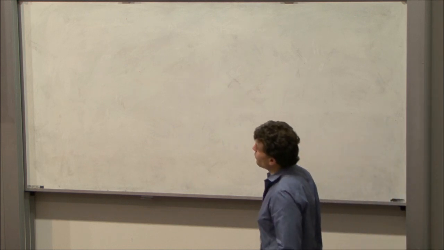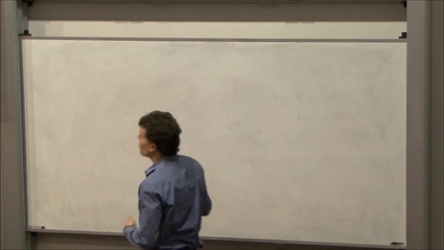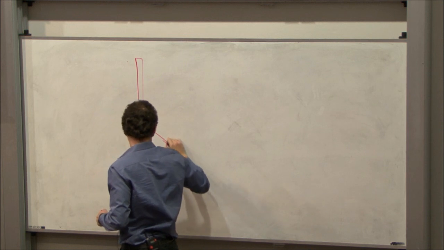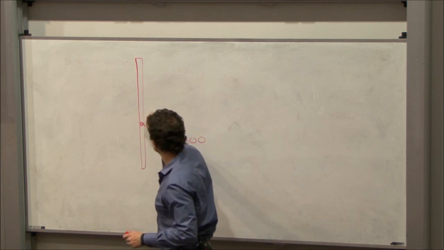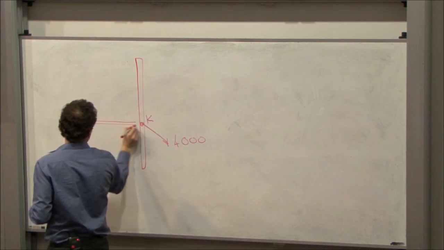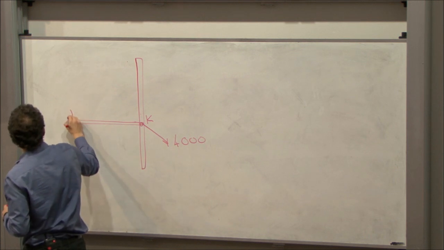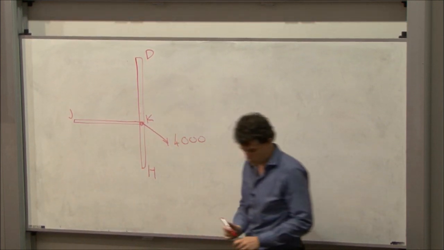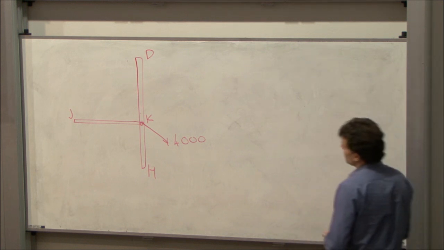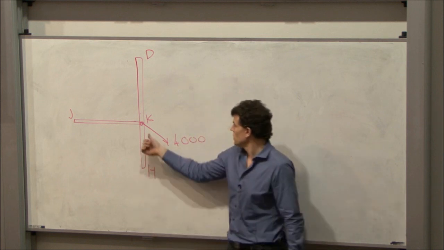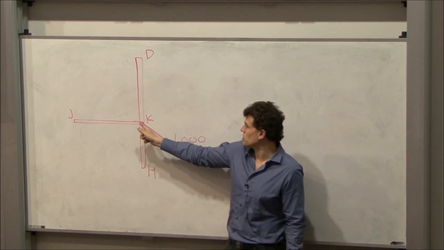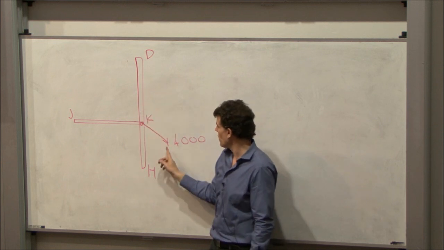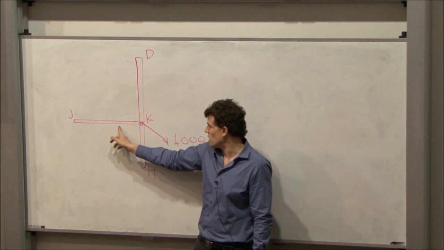So if we wanted to, for instance, look at joint K, where that force is applied, our assumptions tell us that all of the load that's externally applied at this joint, the x component has to go into JK and the y component has to go into DKH. The y component can't go into JK.